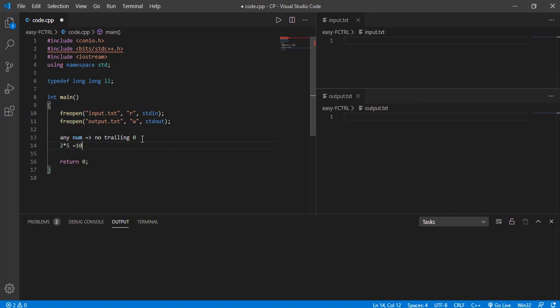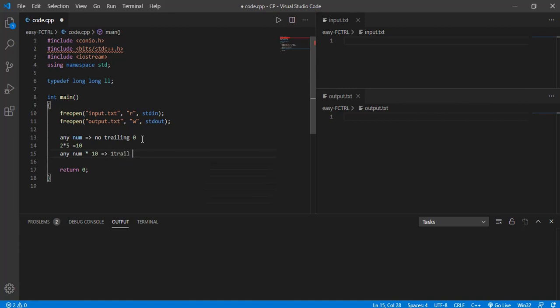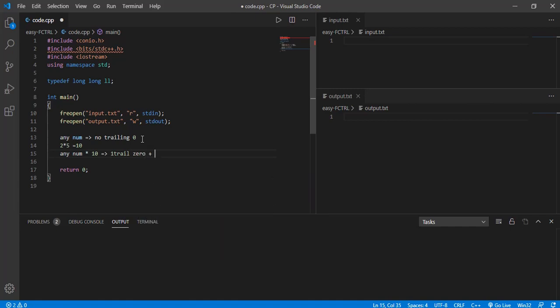So we have to find the number of tens that we can form, because we know that for any number into 10 you are definitely going to have one trailing zero, plus the number of zeros it had previously.